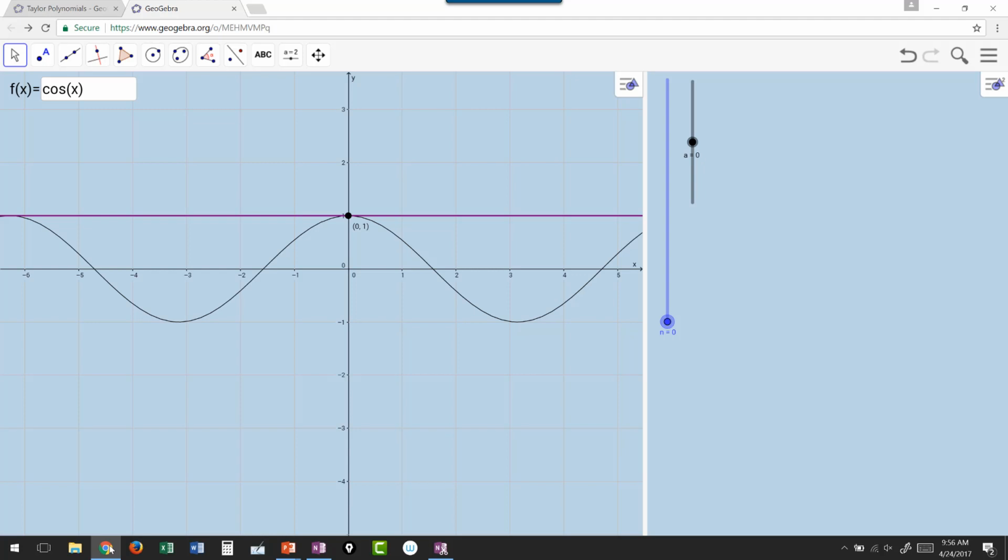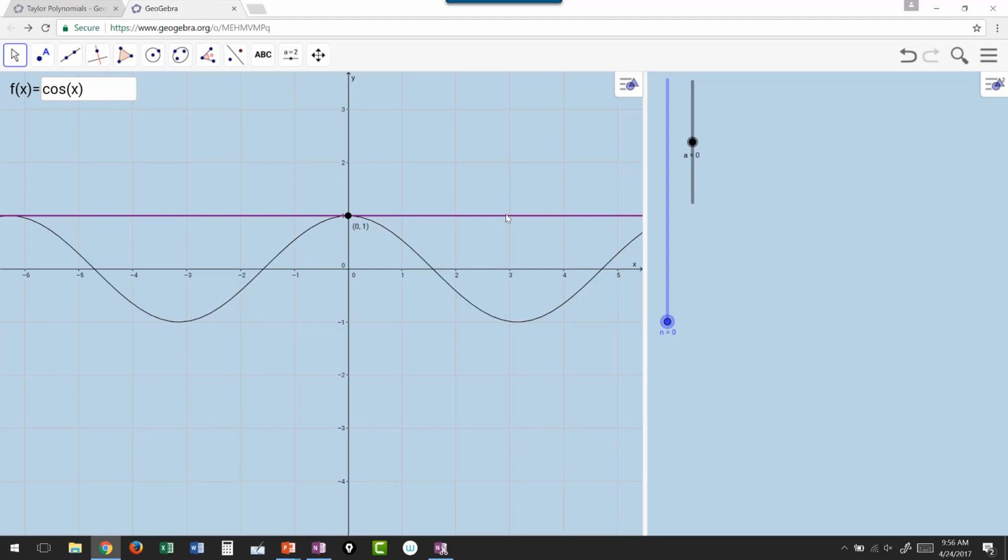So the idea here is we've got a function cosine x, which is typically a difficult function to program a calculator or computer to compute. It has the same drawback as sine x, right? You have to draw a triangle and compute adjacent over hypotenuse to actually get a value.